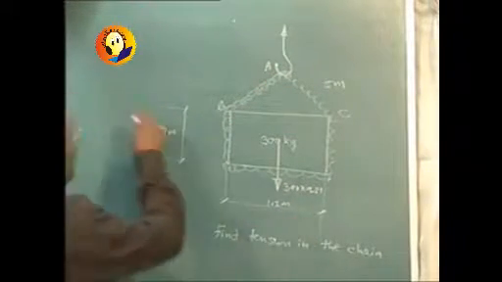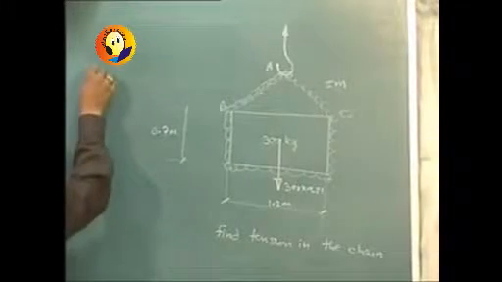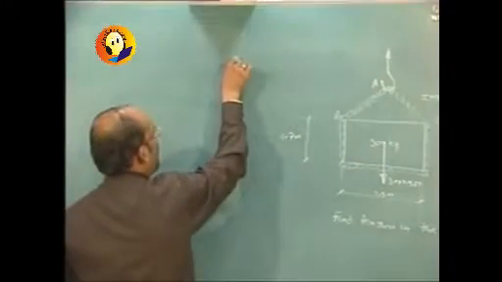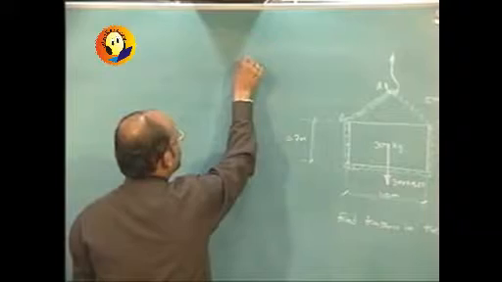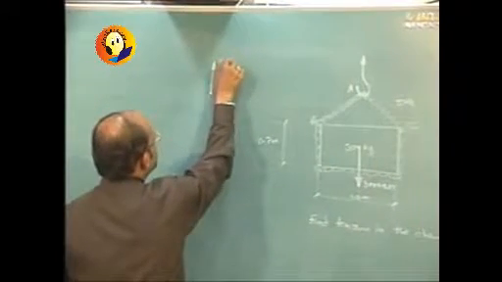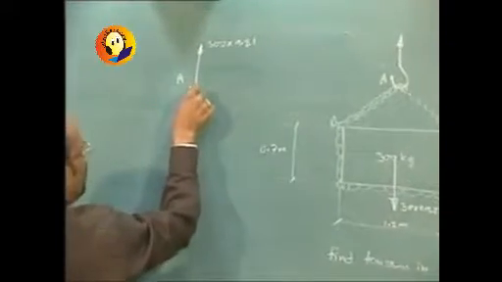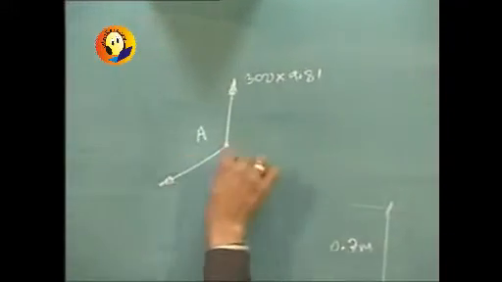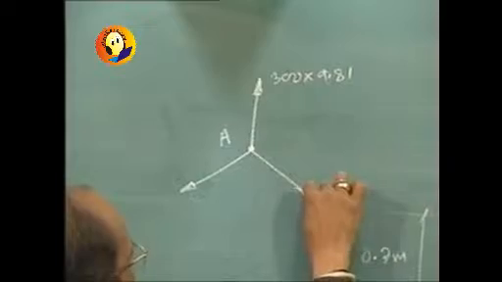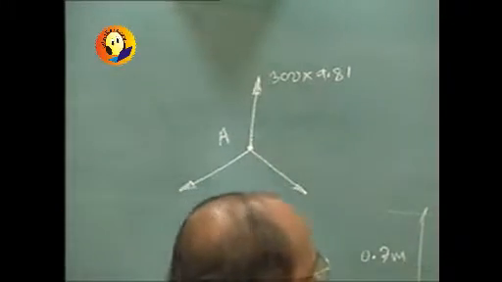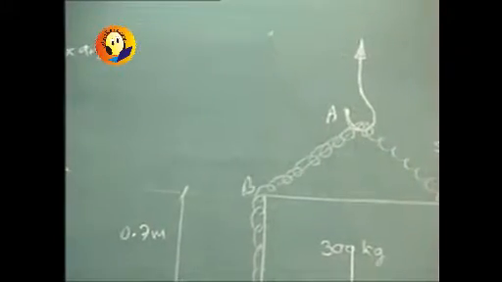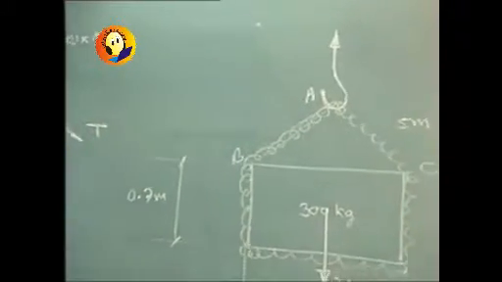And so I can look at point A and I will find that this is the net upward force, which is 300 into 9.81 at point A, and then this is going to be the tension, and as it is a continuous chain, the tension in the chain is going to be a constant one.